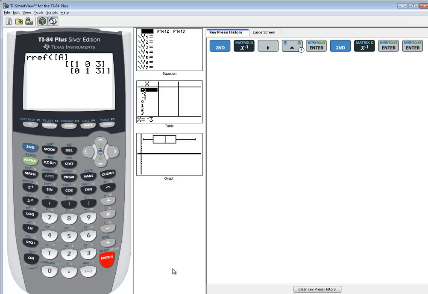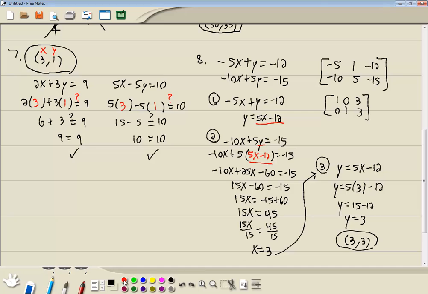Okay, so that's what we come up with. 2 equations, 2 variables. Our first 2 by 2 should be a diagonal of 1, 0, 0, 1, which it is, which means it worked. This is x and this is y. So we get the same answer, 3, 3. Calculator is excellent, even if you're doing it by hand, just to check your work.